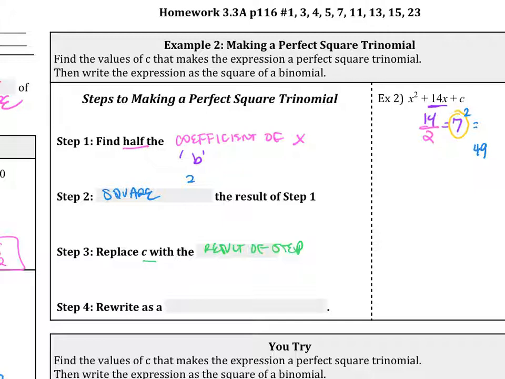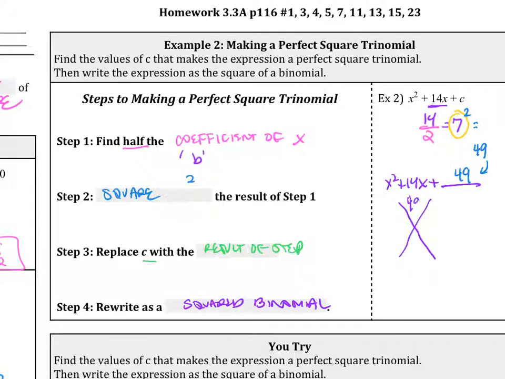So the original equation is x squared plus 14x, and then our c is this 49 right here. Then we're going to rewrite it as a squared binomial. So we're going to factor it. So just right now, let's just factor it.